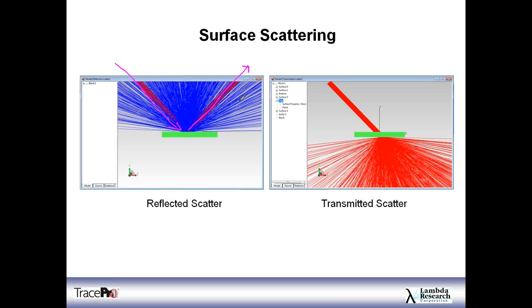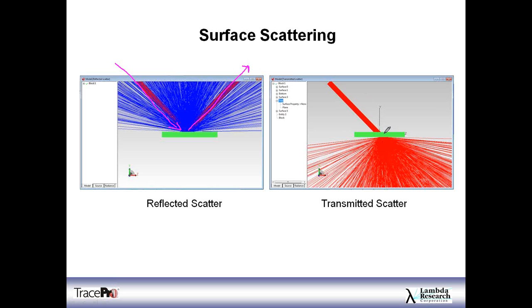If you remember your default settings in TracePro, the colors of the rays relate to the flux. Red rays are the highest flux. When they drop below 66%, they're green. When they drop below 33%, they're blue. So in this case, we can see we have some high flux rays specularly scattered and some lower flux rays here in the scattered direction.